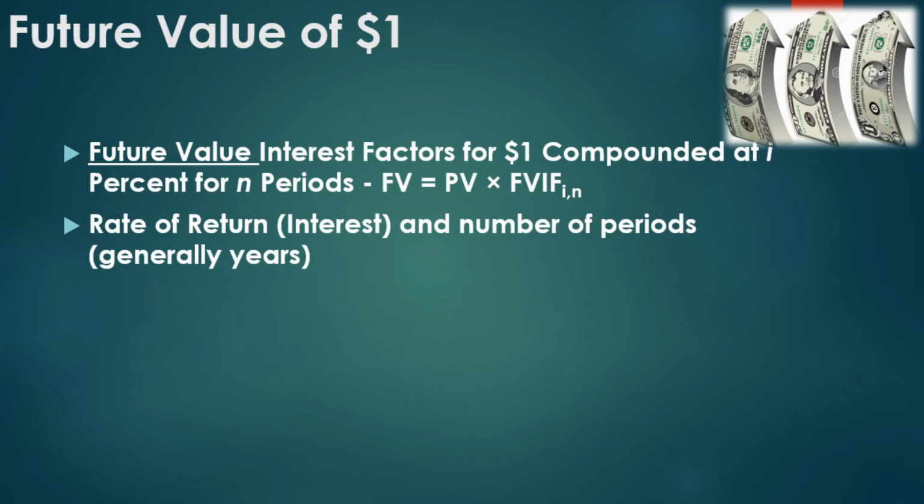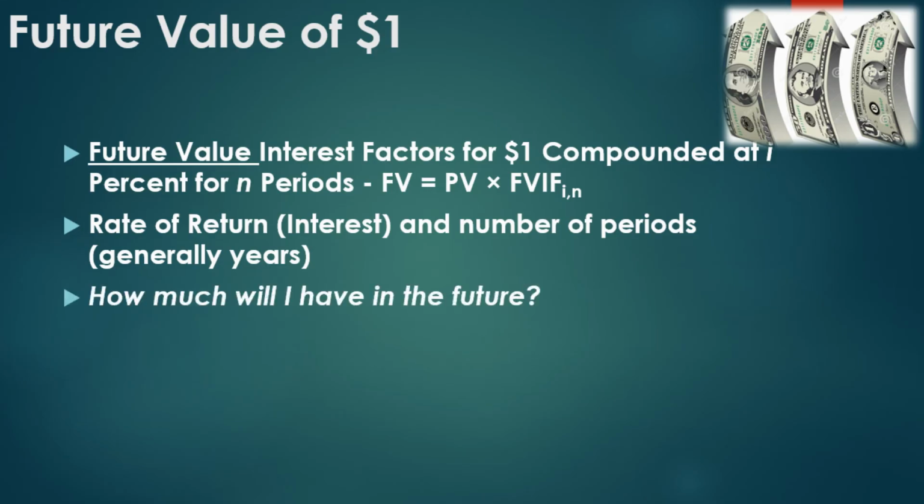All right? So again, don't get intimidated by those wild algebraic formulas, but just understand that we need to know what the interest rate is, or the rate of return, and what our number of periods are. And essentially, we're just asking, how much will I have in the future given a single lump sum investment at a point in time?